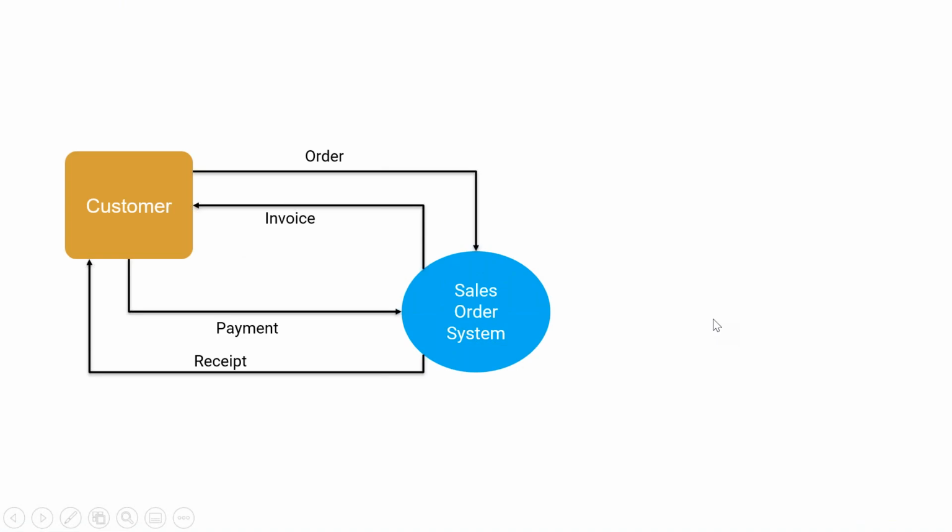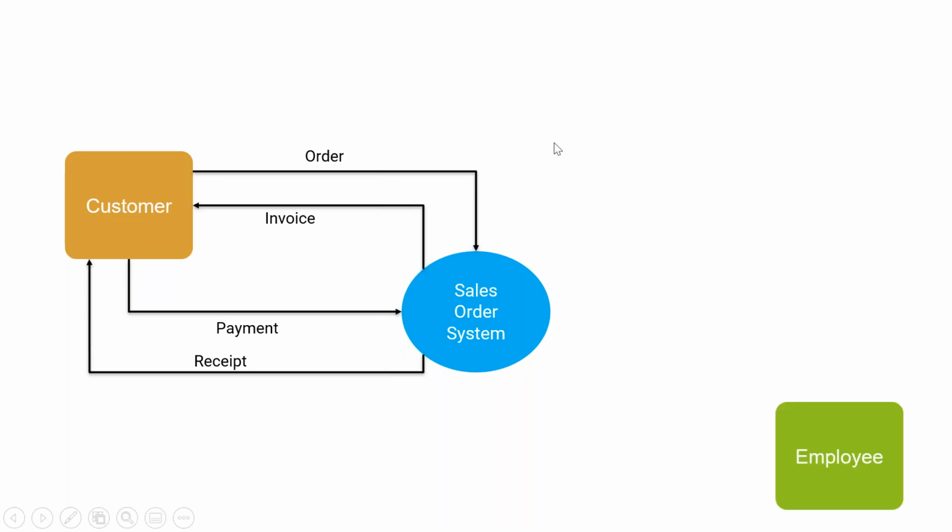So if you look at the context diagram for this, it's like we are making a sales order system where there is a customer. So customer is going to interact with your system. So system is at the center. System in the sense, the system which you're going to build. That is at the center. All the external entities.